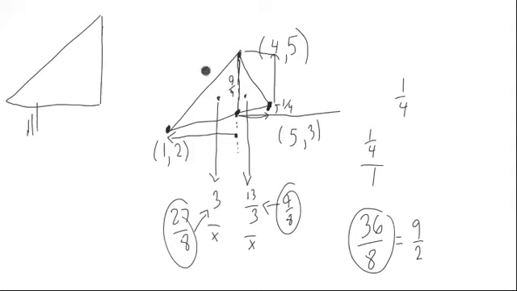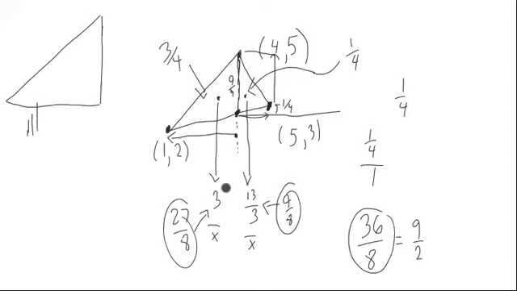So this area is 3/4 of the total area, and consequently this should be 1/4 of the total area. You can check: 9/36 is 1/4. That's perfect. So we have 3/4 and 1/4.